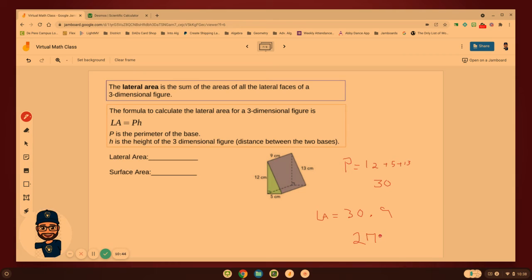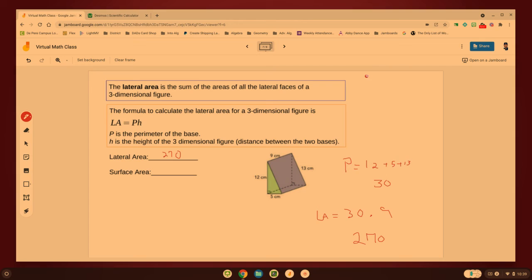Or in this example, we get 270 centimeters. So we're taking the perimeter of a base and multiplying that perimeter times how far apart the two are. All right, so that gives us these three rectangles for the surface area.